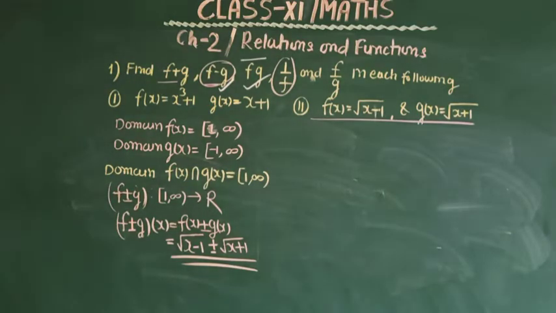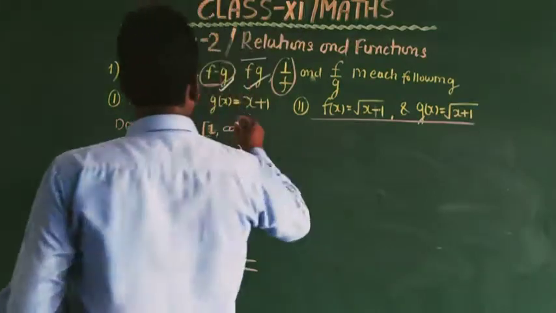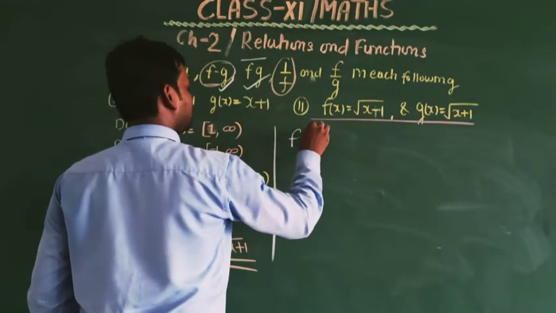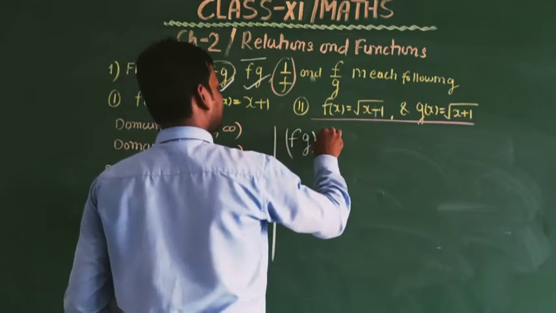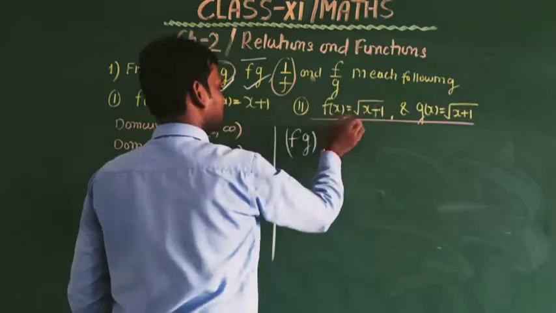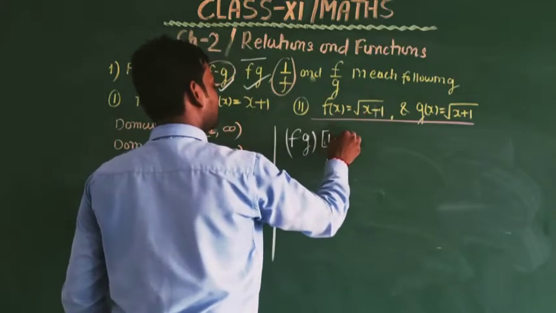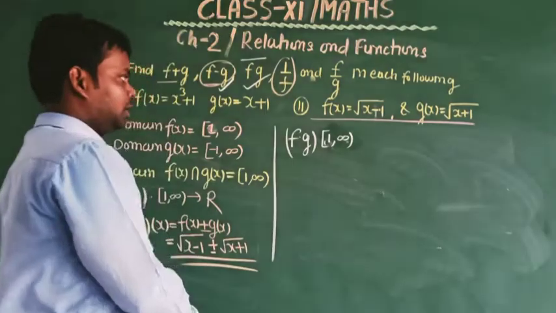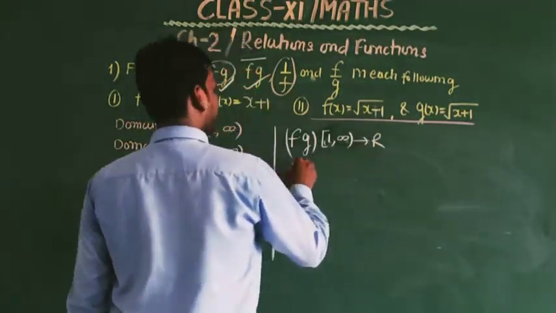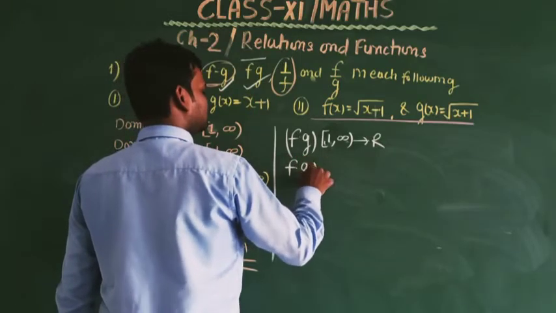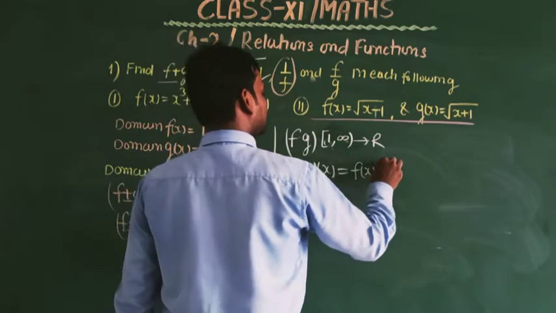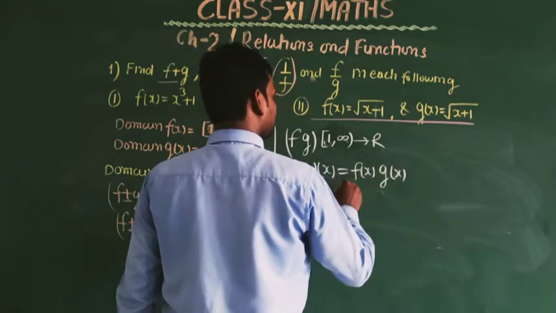Next, f into g is also defined, as a function from the closed interval 1 to infinity to real numbers, by (f into g) of x equal to fx into gx.